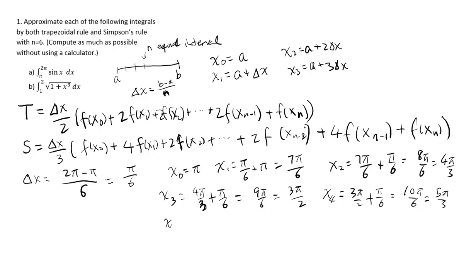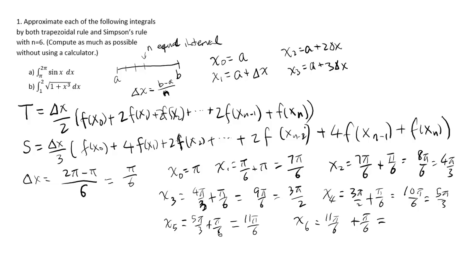You stop when you reach the right endpoint, which is 2 pi. Since we're still under 2 pi, we should carry on. And x5 is 5 pi over 3 plus pi over 6. 5 pi over 3 is 10 pi over 6, so when you add pi over 6, it's 11 pi over 6. And x6 is 11 pi over 6 plus pi over 6.